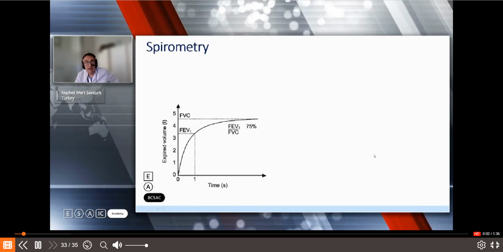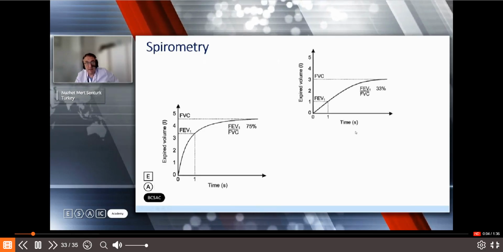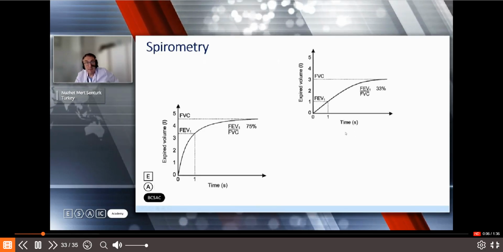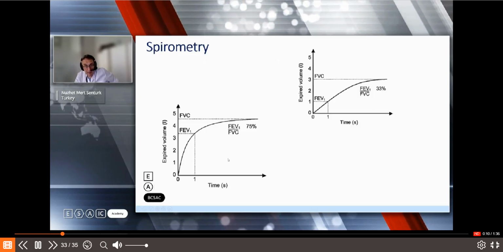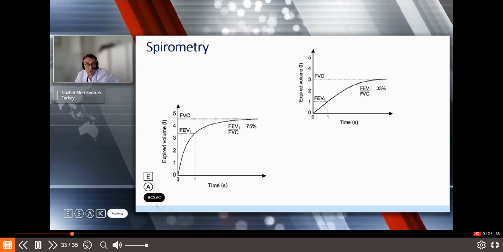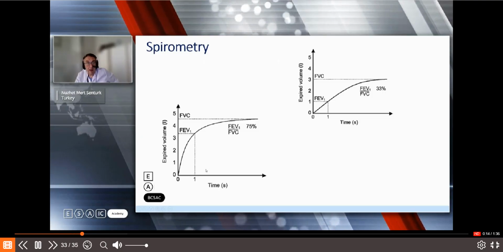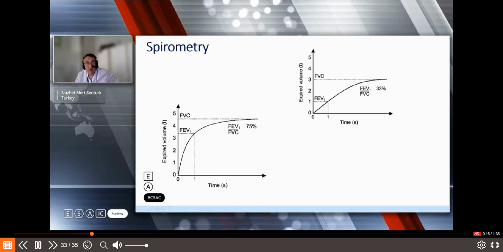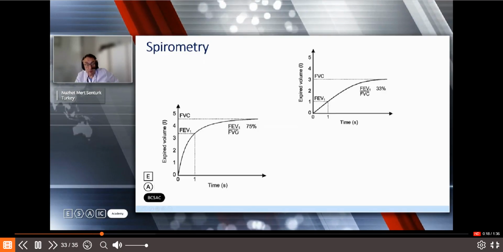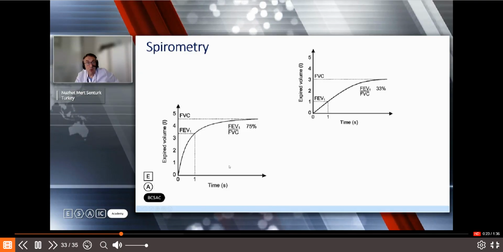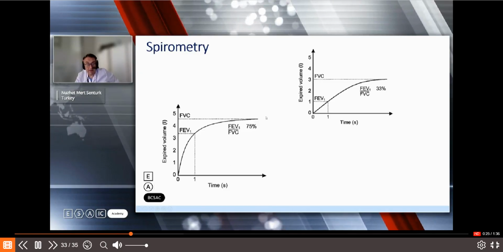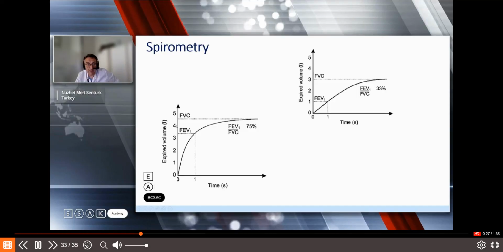Something similar is the case in spirometry. For the spirometric measurements, normally during the expiratory phase, the forced expiratory volume in the very first second is about 75% of the whole forced vital capacity.